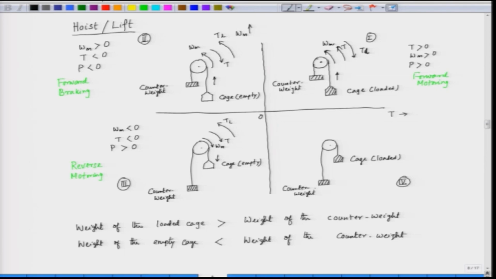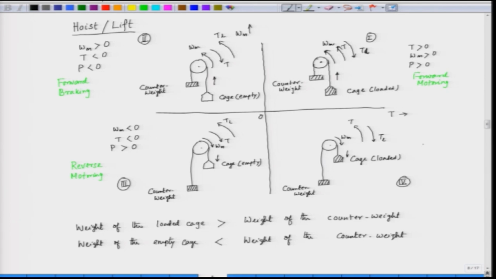When the cage is loaded and we are trying to lower it, the speed is in the clockwise direction, which is negative. The torque is in this direction because the loaded cage has more weight. This is the direction of the load torque, and the motor torque has to oppose the load torque. So, this is our motor torque.